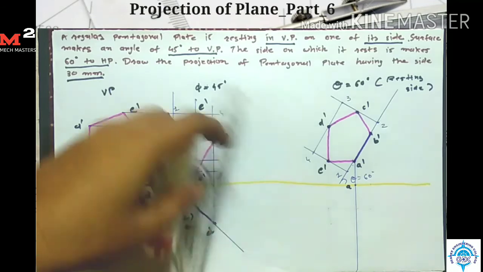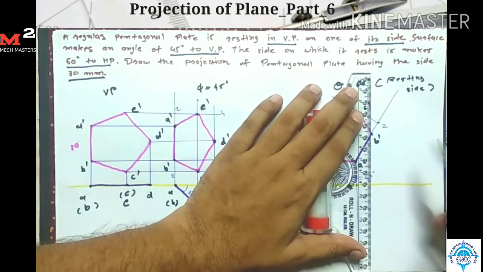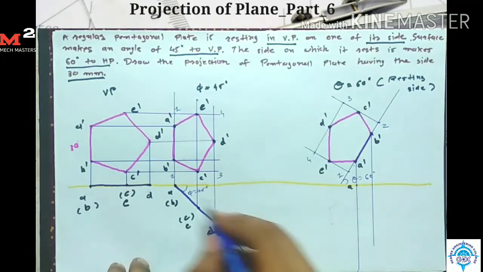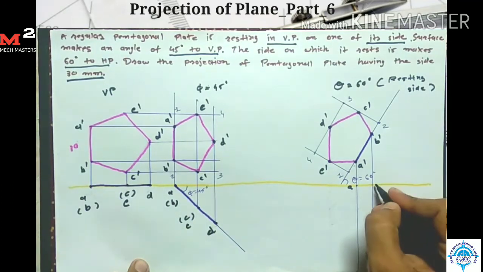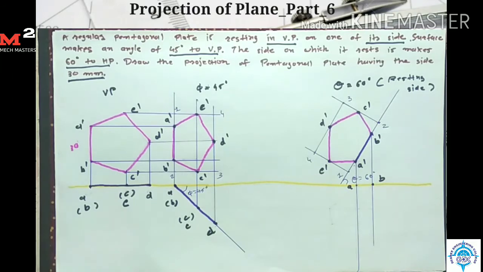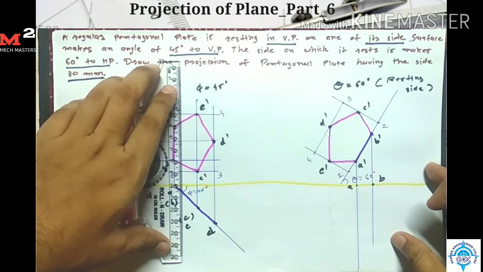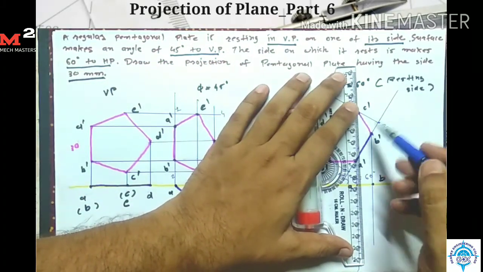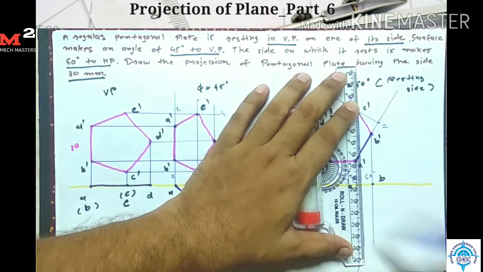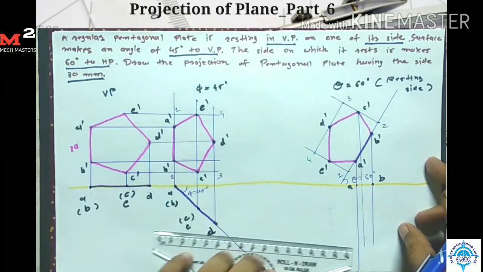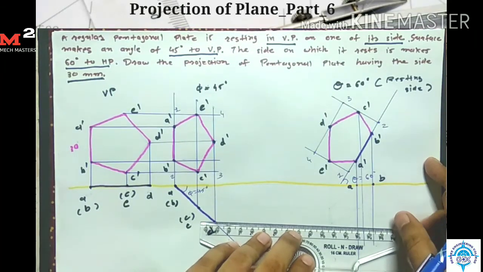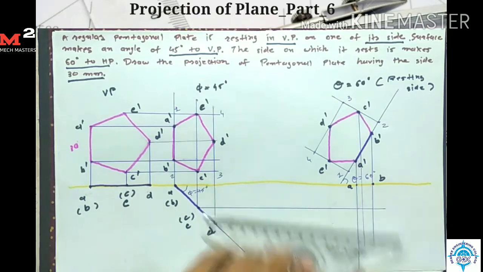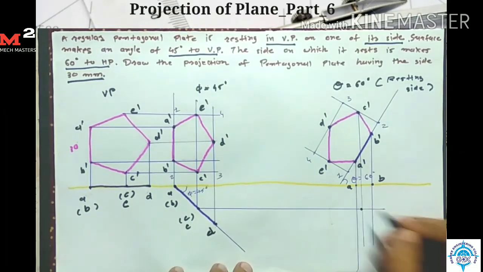For point B, I take the projection from here, and from here, so here I get my point B. For point C, I take the projection from here, and from here. So here I get my point C.